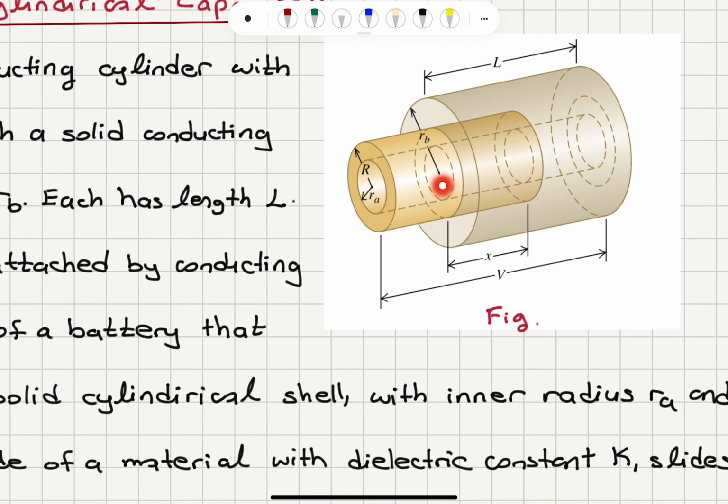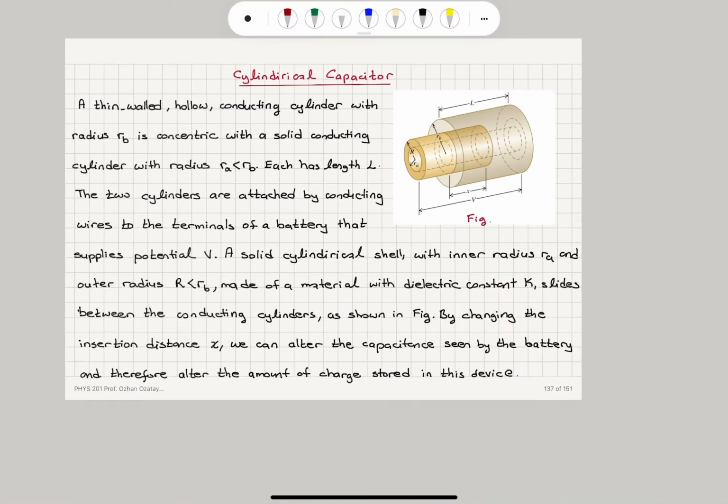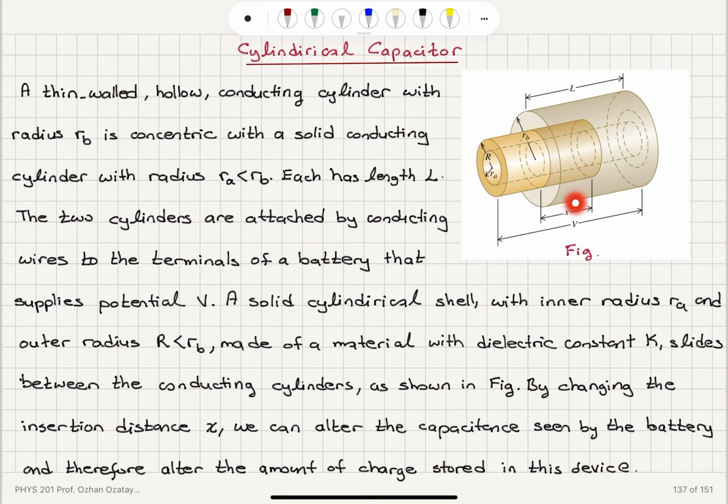So we have a solid cylinder here and the hollow cylinder, and in between we insert this shell with outer radius capital R, inner radius r sub a. So this is inserted to a distance x, and as you can see there is also air remaining in between the shell and the outer walls of the hollow cylinder.